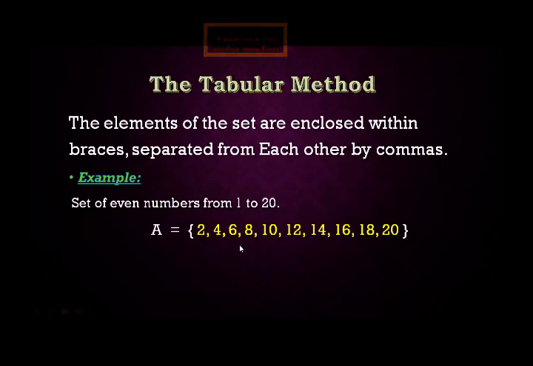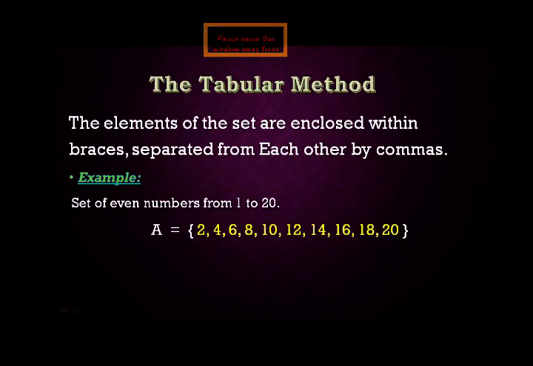So every element is separated from each other by commas. You can see these are the commas and the elements are written within the braces. These brackets are known as braces. So in tabular method we always use braces and commas.